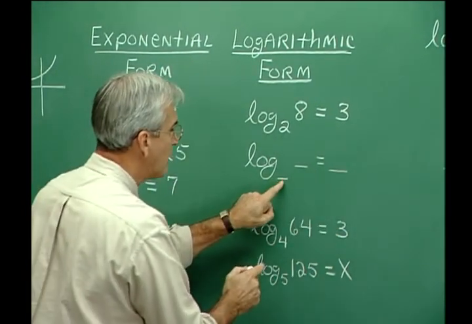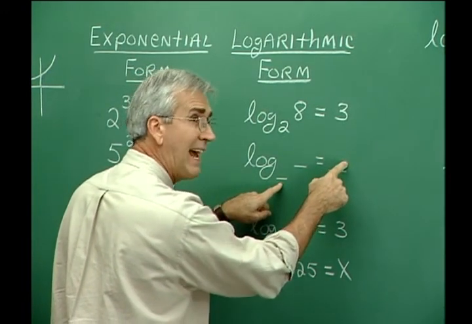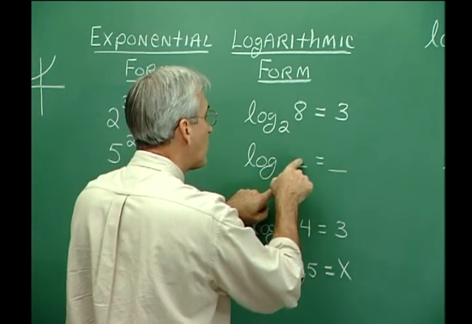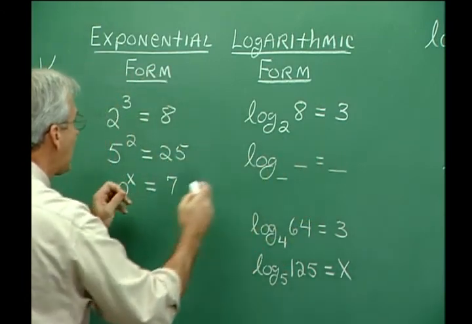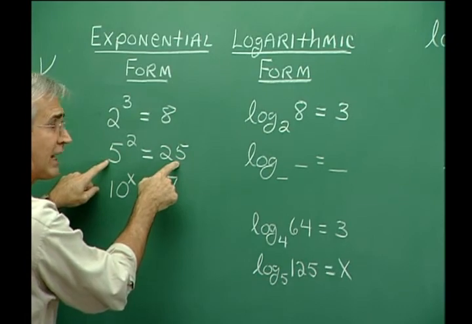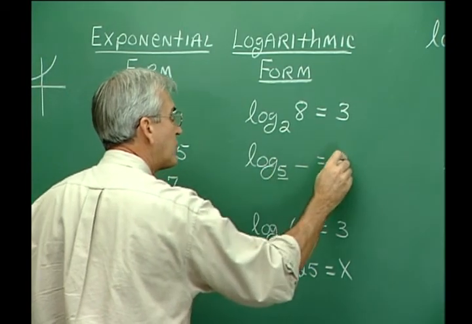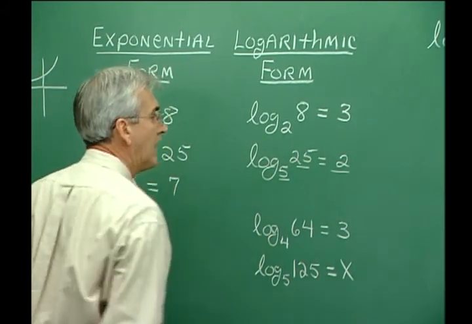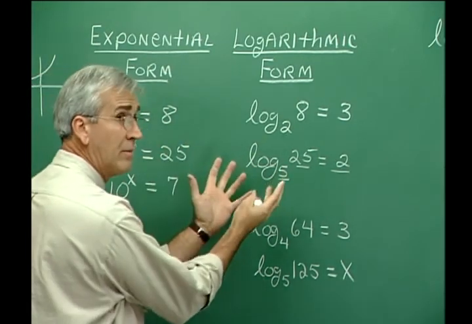This position contains a base, and that position contains an exponent. So there are 3 items. One's a base, one's an exponent, and the other is the result of the calculation. So we identify base and exponent, and then we write the leftover number in this position. So that's a way to accomplish the logarithmic form.